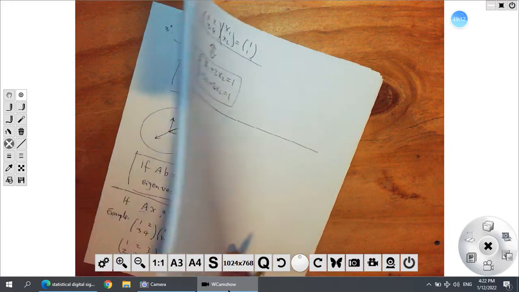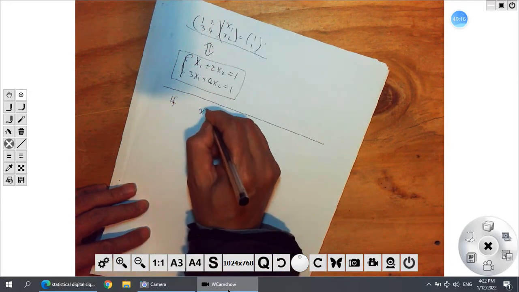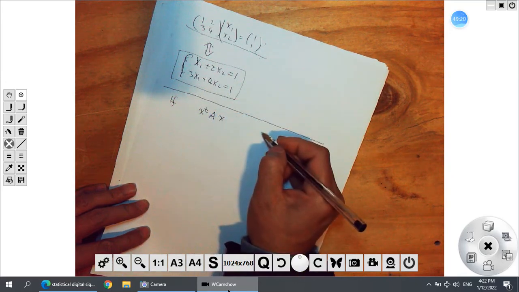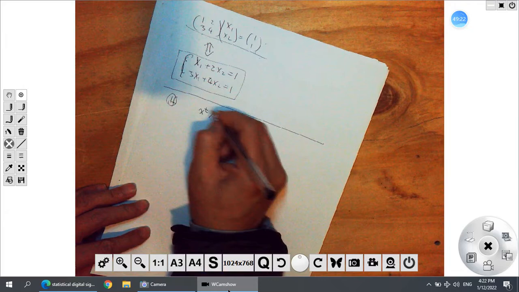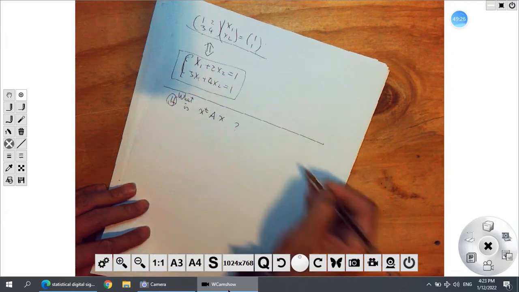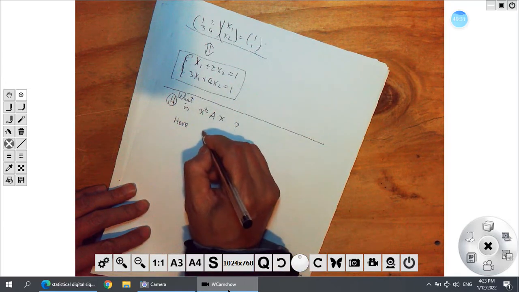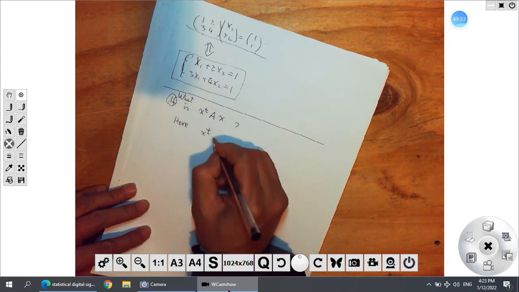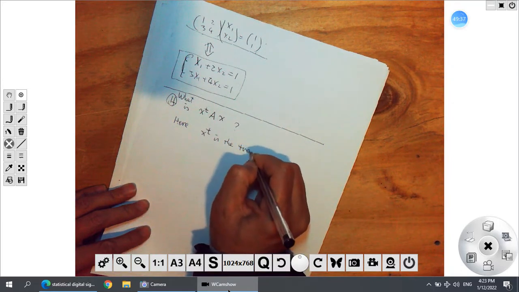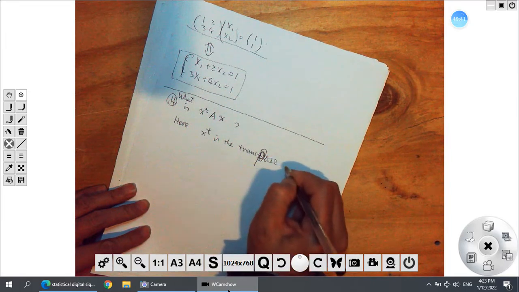Another thing is, if I have x transpose times A times x, what is this? Here, x T means transpose of x.